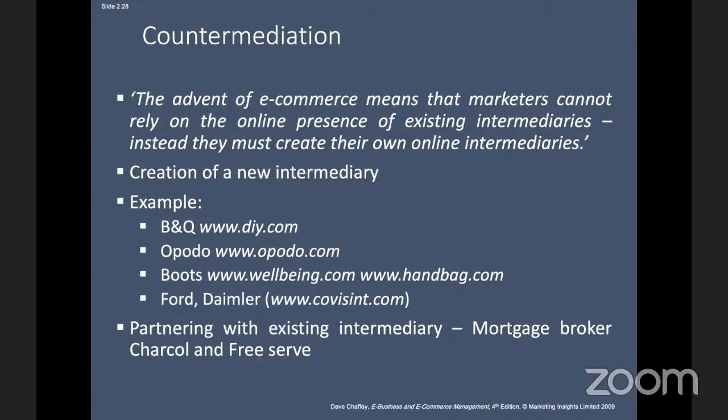Partnering with existing intermediary: mortgage broker, Charcoal and FreeServe. So these are the examples showing how different companies are dealing in different scenarios, whether they are creating new intermediaries or going with the existing intermediaries.